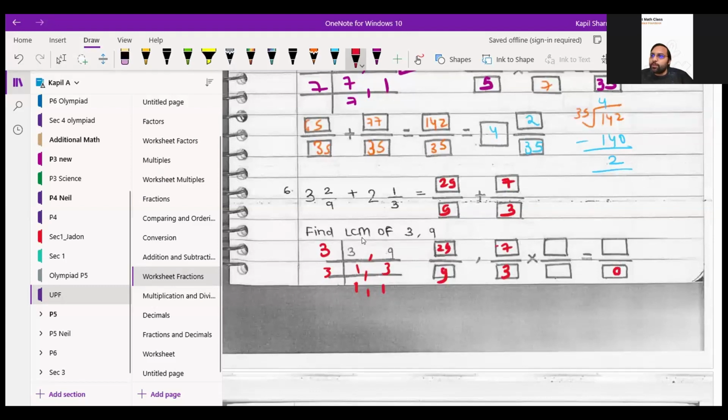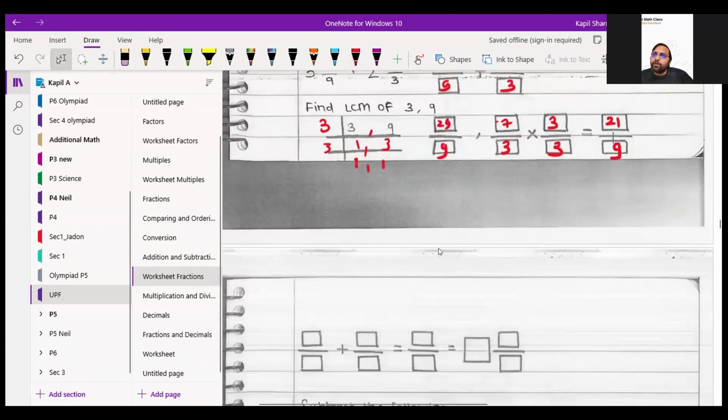We need to make the denominator 9. So multiply and divide by 3. Okay, so this becomes 21 upon 9. Now finally, we need to add 29 upon 9 and 21 upon 9. So this is basically 50 upon 9.